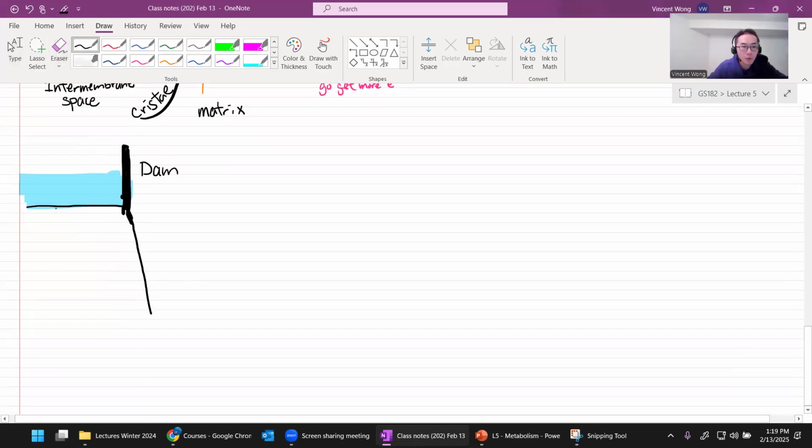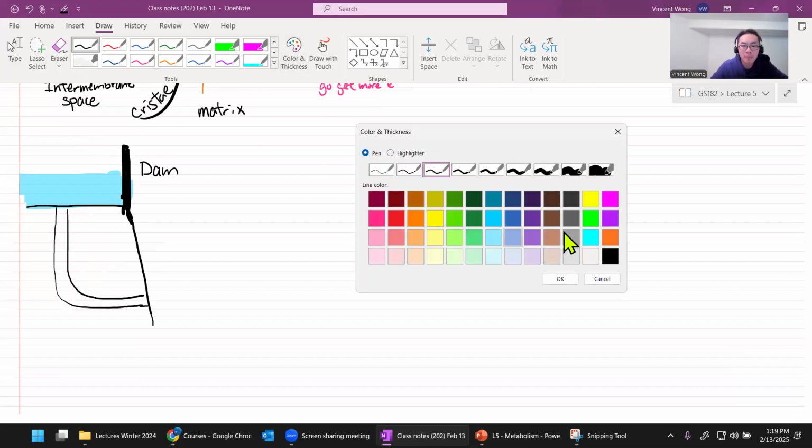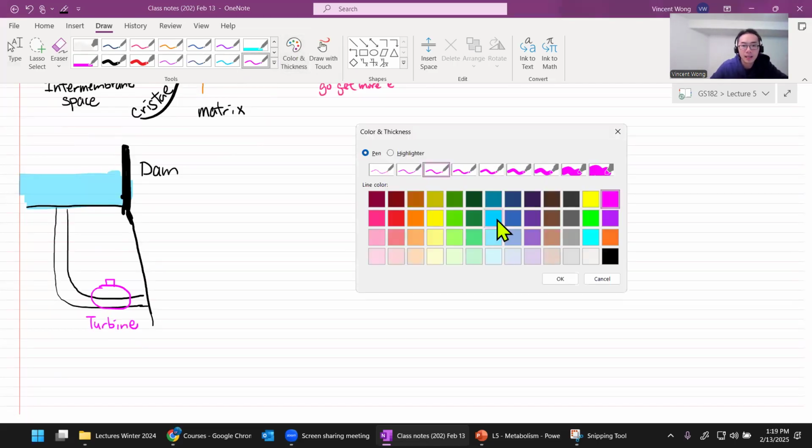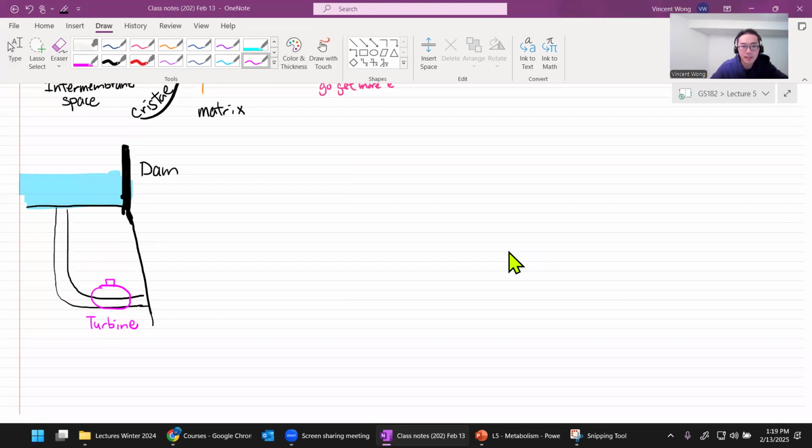And we can actually build a tunnel. This is what people actually do at dams. They build an alternative pathway for the water to flow, and somewhere along that path, they put a turbine. When they open the gate for the water to flow through, the water will go through the turbine and come back out.